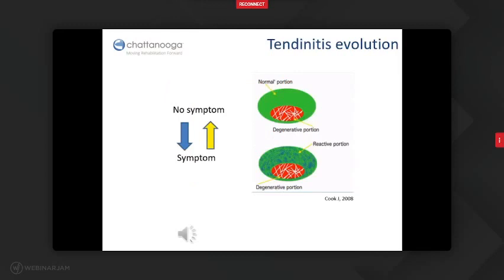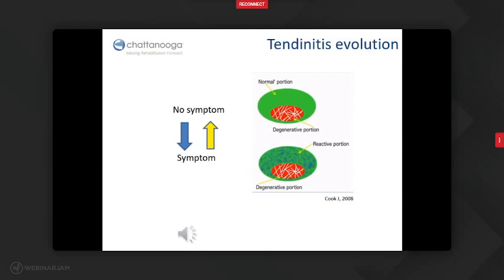Here you can see the new vision of tendinopathy developed by Jill Cook. You can have a normal tendon, but you can have also a degenerative portion inside the tendon. You can see that using MRI or ultrasonography, but the patient relate no symptom.